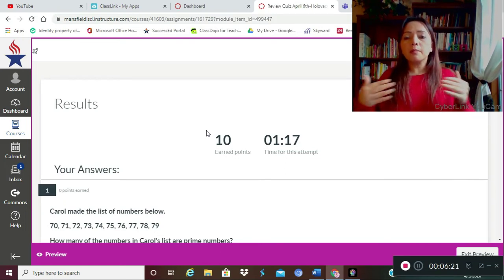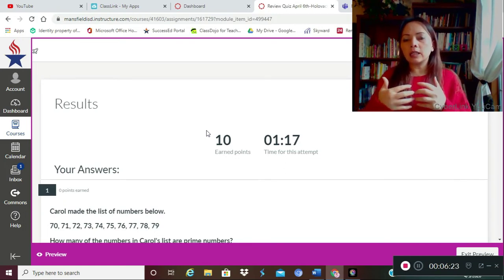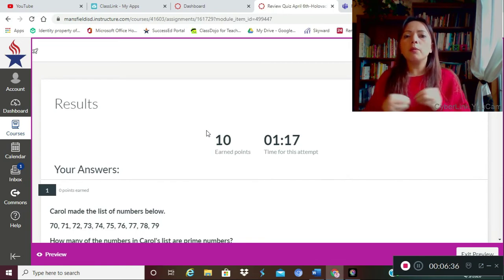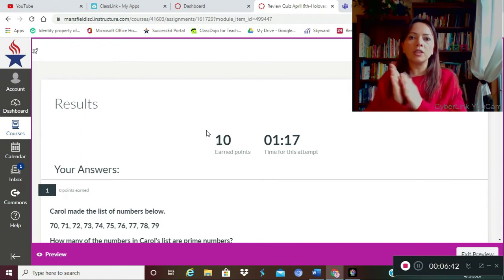I know it can be confusing and frustrating for some parents and some of our students, but just know that there may be discrepancies between the two grade systems because they are graded differently, okay? Always refer to Skyward as the final one. The Canvas one is just to give you a gauge to say, oh, did I pass it or did I not pass it, so I can do it again.